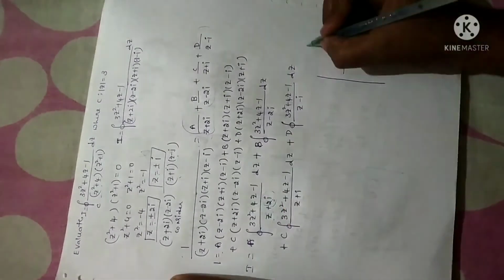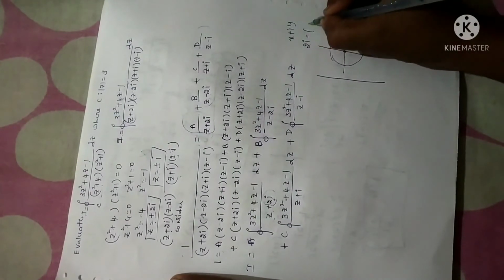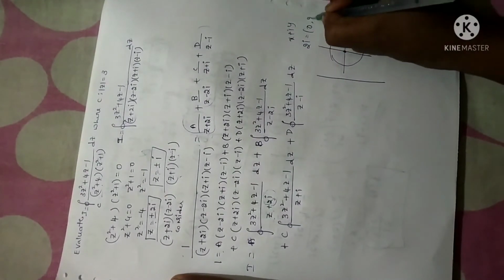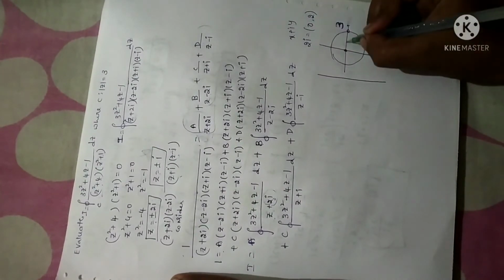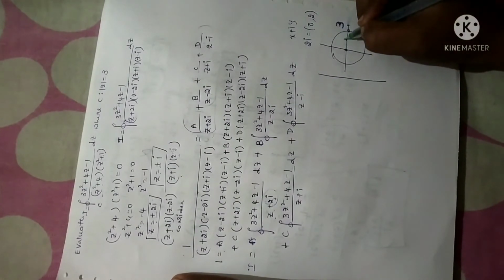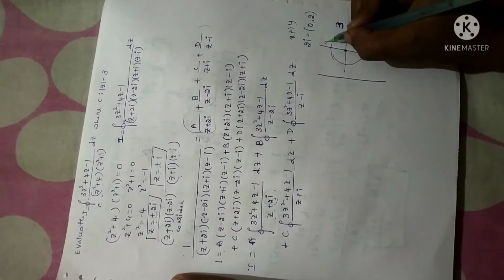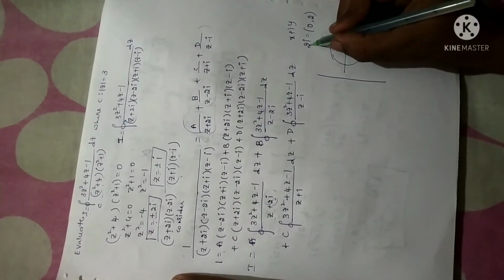Now 2i means it is of the form x plus iy, so the x coefficient is 0 and the i coefficient is 2. So the point is 0, 2. Clearly 2 will be inside 3. Here also the radius is 3 units, so 0, 2 will be somewhere here. It is inside. So 2i lies inside.